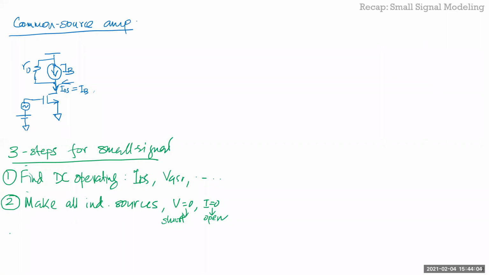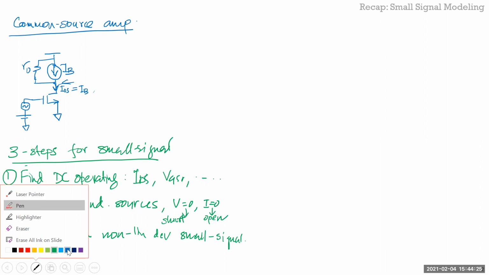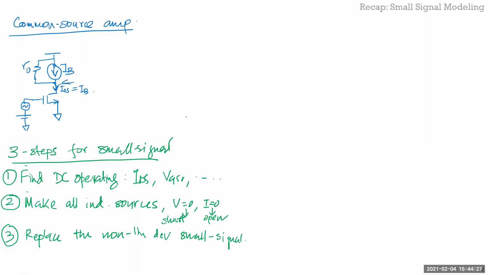So you do that, and then the last step is replace the nonlinear device with the small signal model, right? Small signal model, correct? So that's your 3-step method to do the small signal equivalent of any nonlinear circuit.